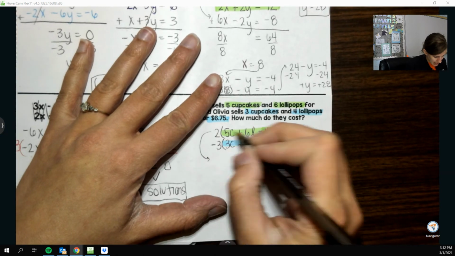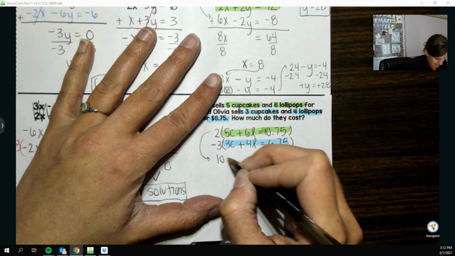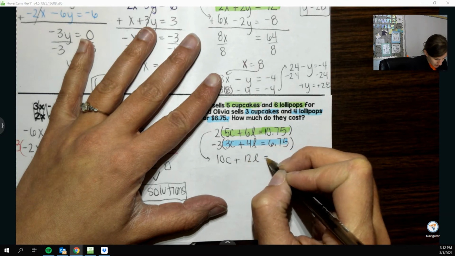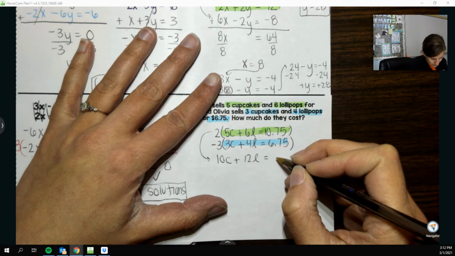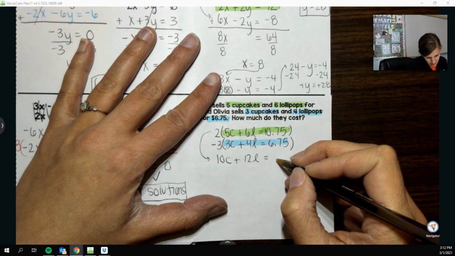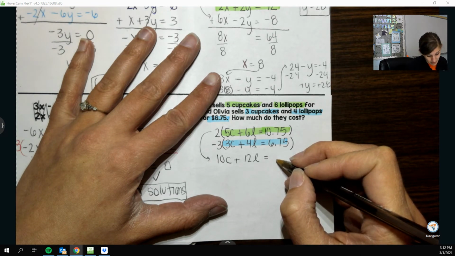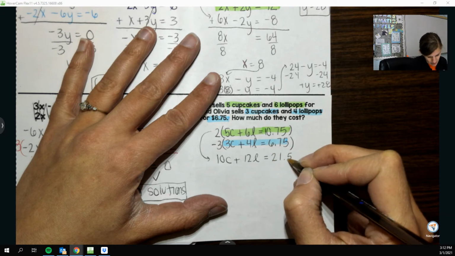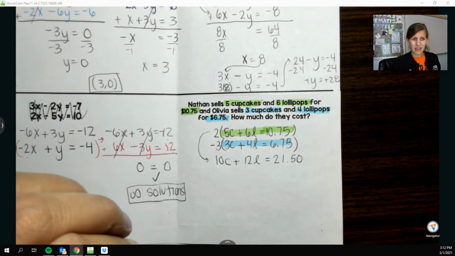So if I take this top one and times it all by 2, we're looking at 10c plus 12l equals, let's see, 10.75 and 10.75 is 21.50. 75 and 75 is $1.50.